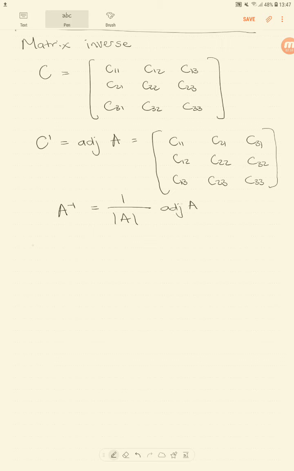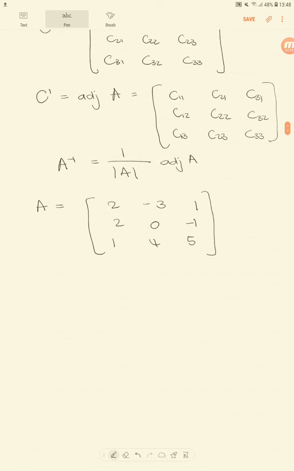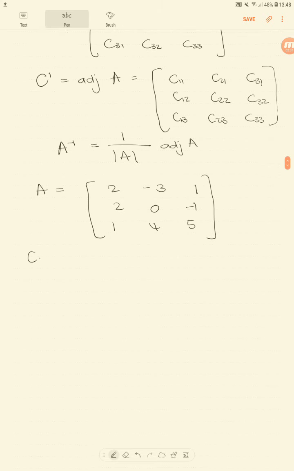So let's look at an example. If we have matrix A equal to 2, -3, 1, 2, 0, -1, 1, 4, and 5. So we will need to find cofactors C11, C12, and C13.